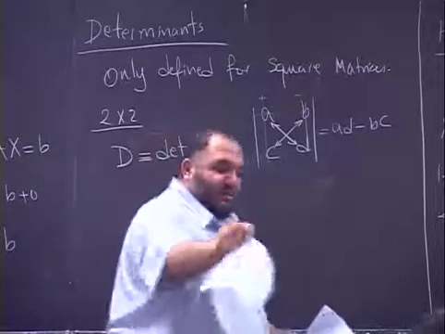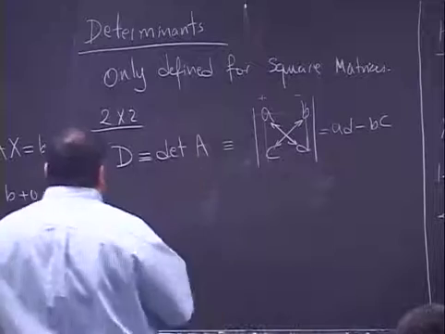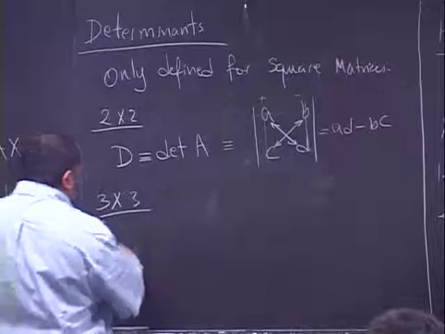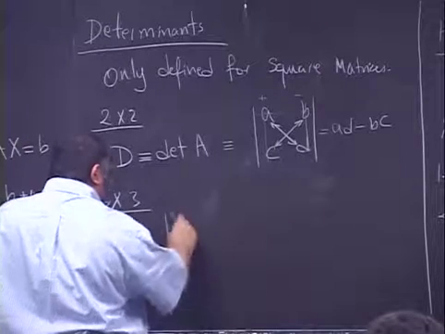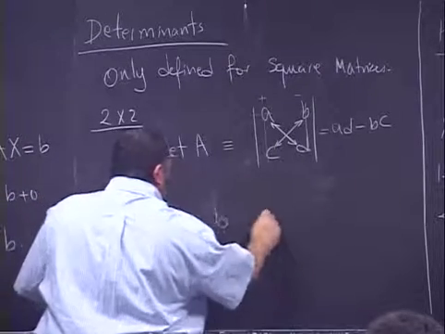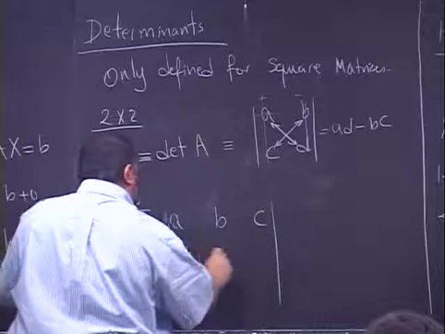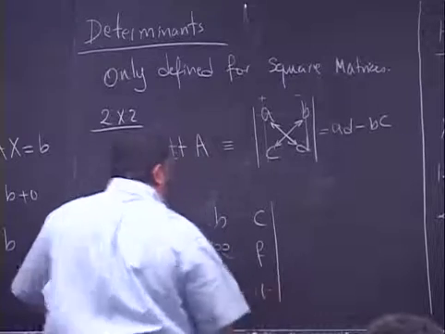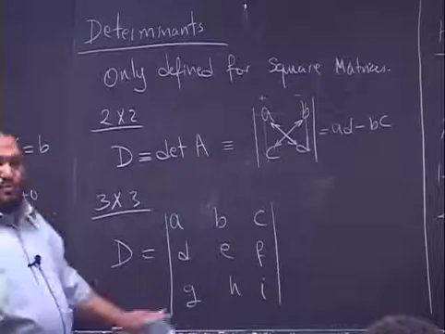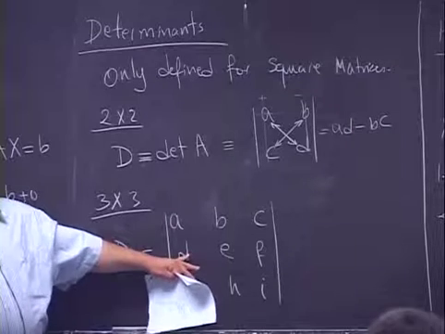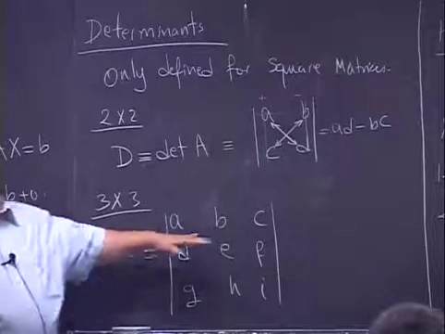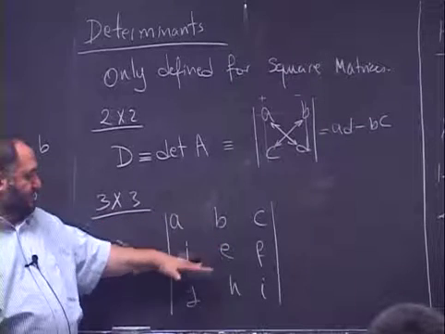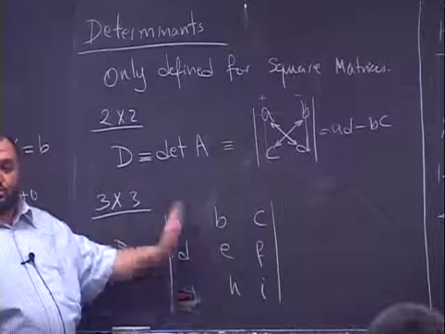What if we have a 3 by 3 matrix? Let's assume that we have D equal to the matrix A, B, C, D, E, F, G, H, I. When we get the determinant for a 3 by 3 matrix, it's up to you to solve the determinant either by taking any of the rows or any of the columns.